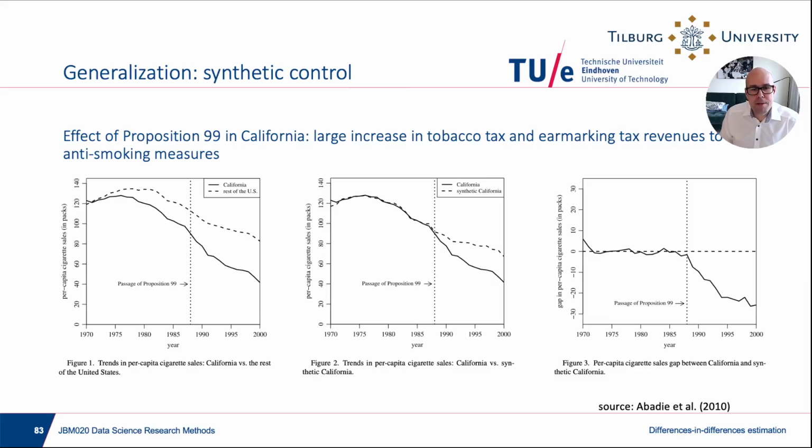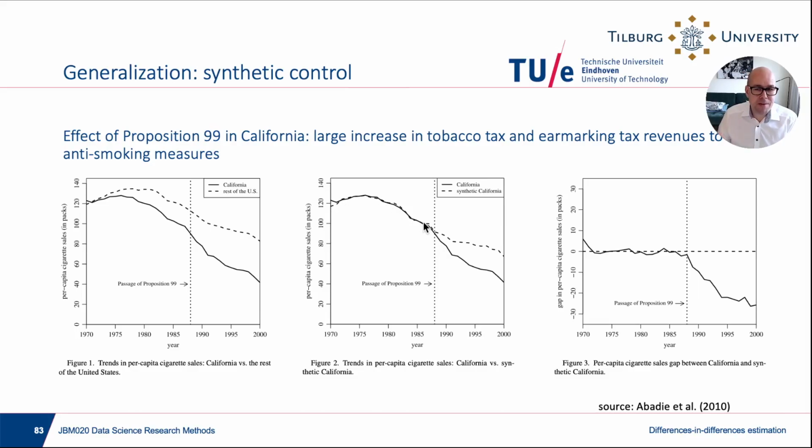Now, what you can do is you can basically form a different linear combination of states. You take a different weighted average of what is happening in states, and you can do that so that actually the pre-trends are matched, right?